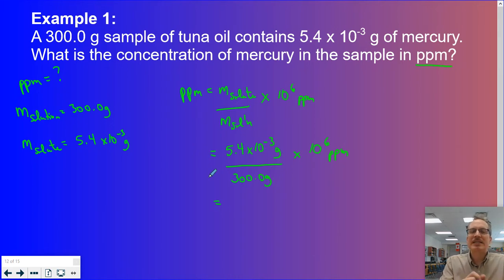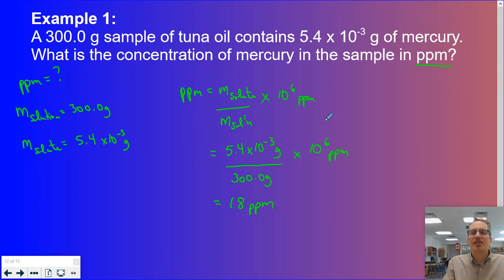I like to go times and then second function comma to put the E on my calculator, the E that says times 10 to the, and then I like to go 6. And on your calculator, if you typed it correctly, your answer will be, in 2 sig digs, 18 parts per million.